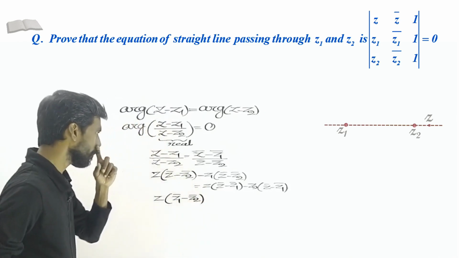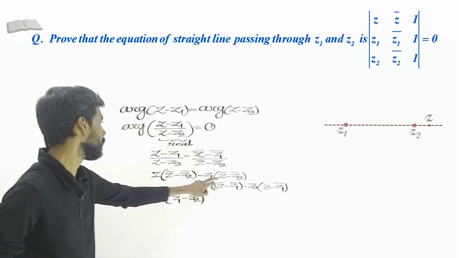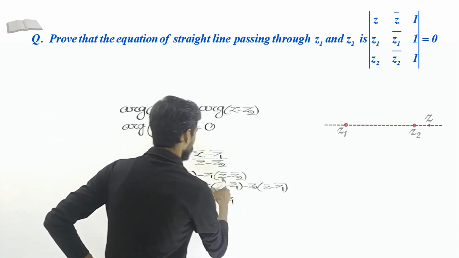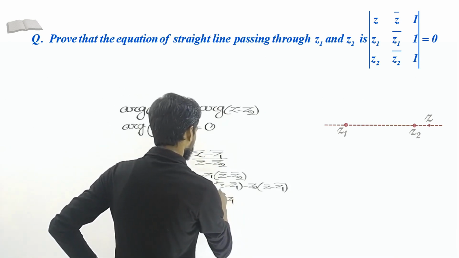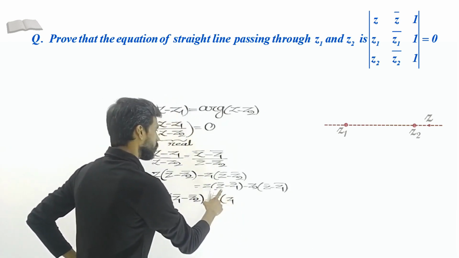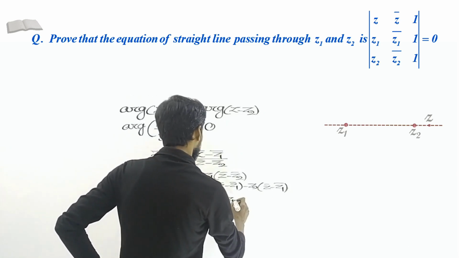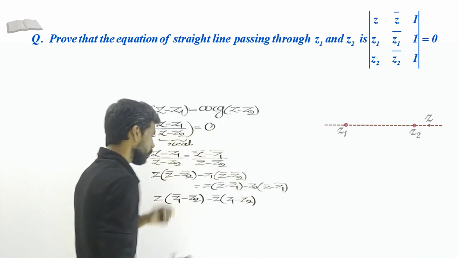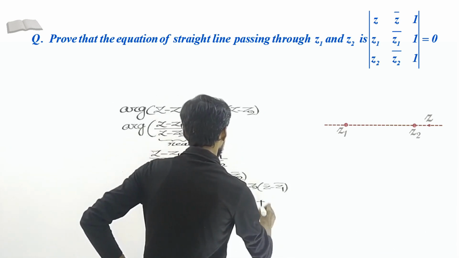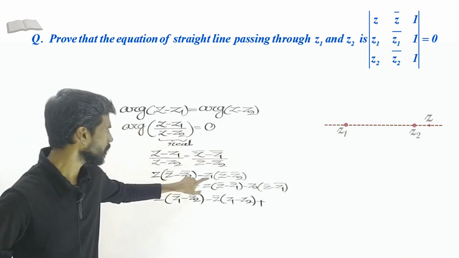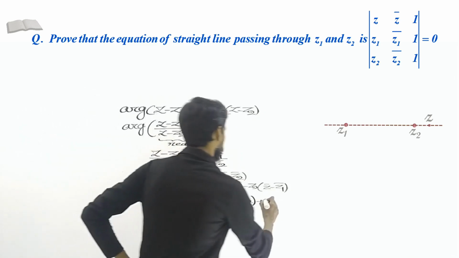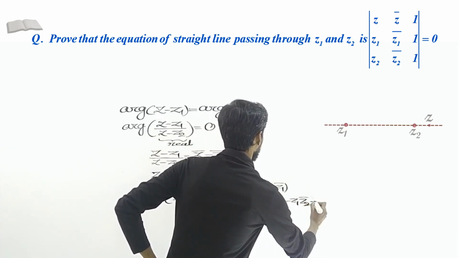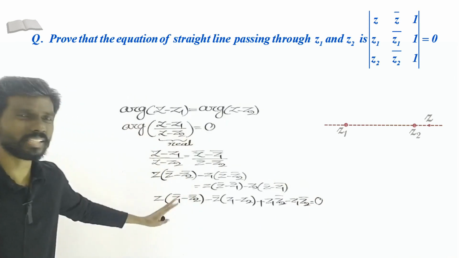Similarly, taking minus z bar out, we get (z1 minus z2). Then the constant terms: z1 z2 bar plus z1 z2 bar minus z1 bar z2 simplify, and the whole thing equals 0. Just a simplification.